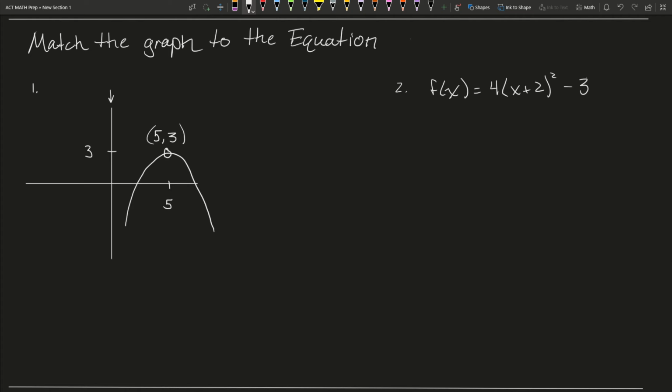Because we have that vertex, we can actually get most of the equation. Because we have this vertex and we have the direction of the graph, we have most of our equation. If we just start writing, we have f of x is equal to some negative number times (x minus 5), the opposite of that x value, and then plus 3.